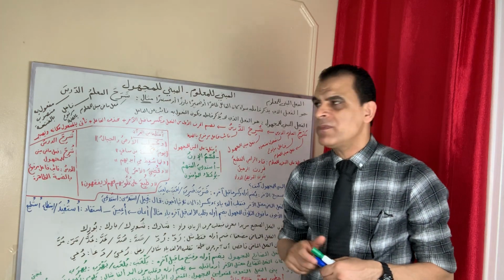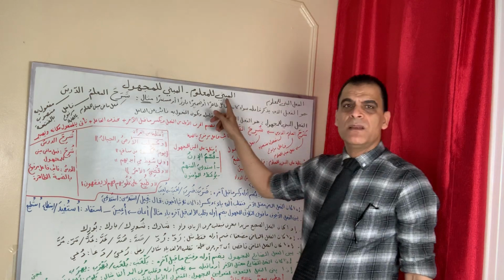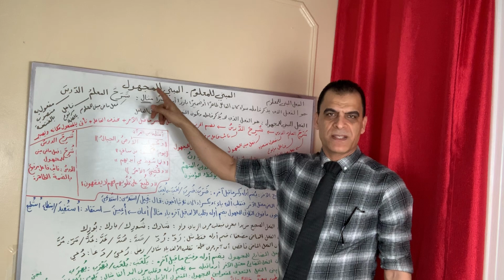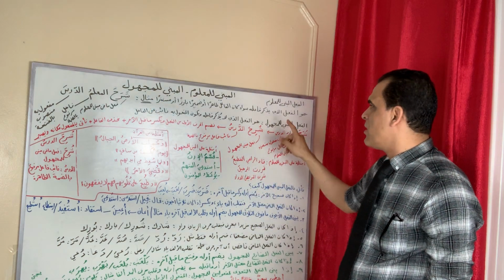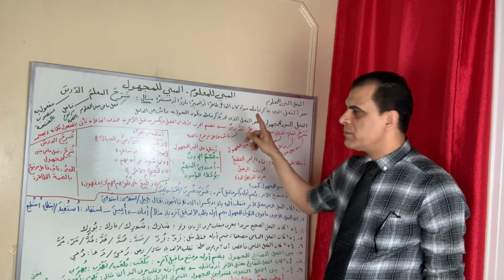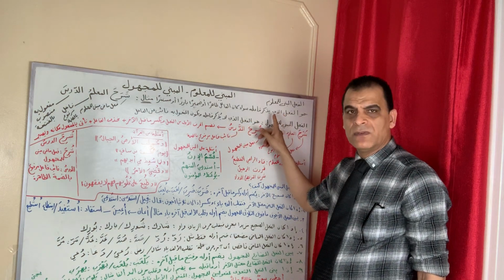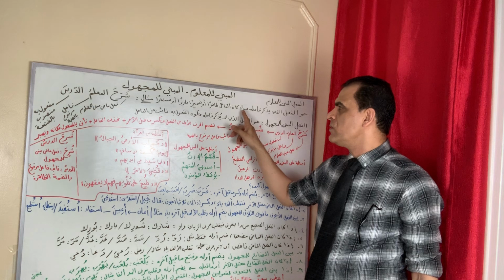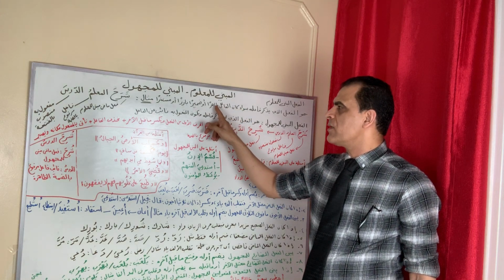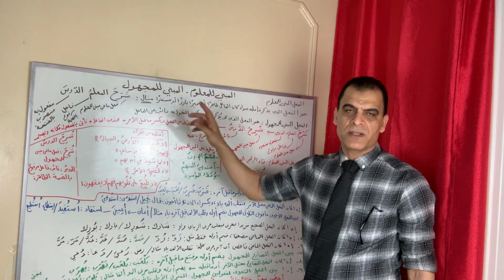بسم الله الرحمن الرحيم. Number one, المبني للمعلوم the active and المبني للمجهول the passive. What is المبني للمعلوم? What is the active verb? هو الفعل الذي يذكر فاعله سواء كان فاعل هذا ظاهر أو ضمير مستتر أو بارز.